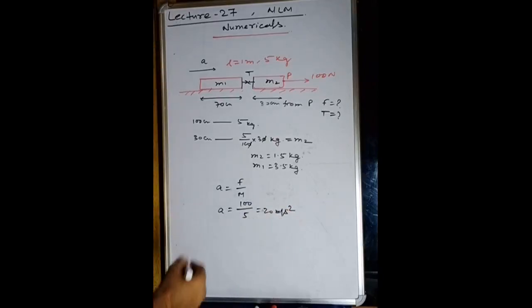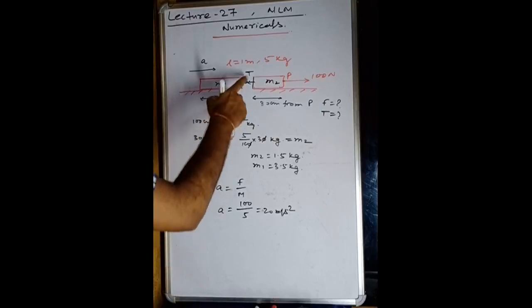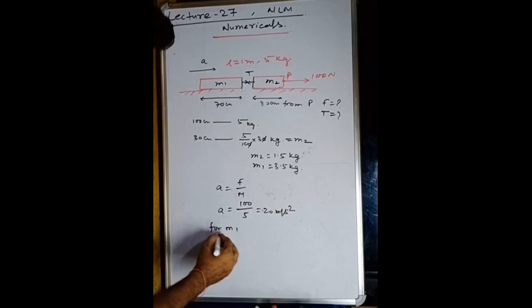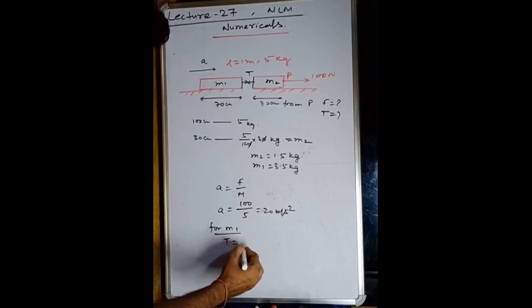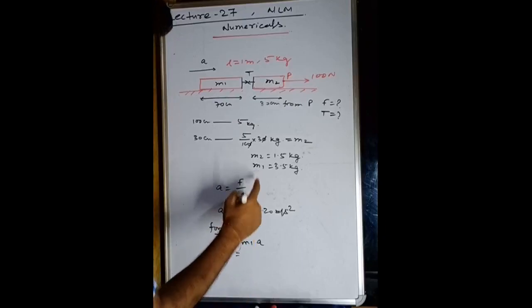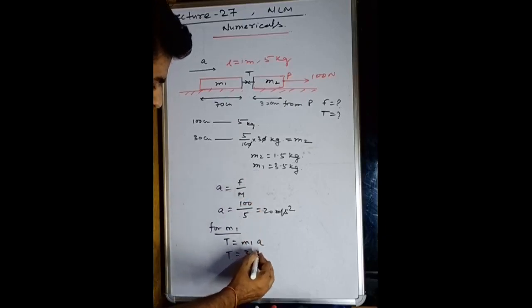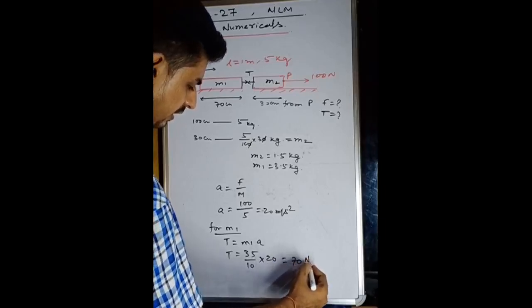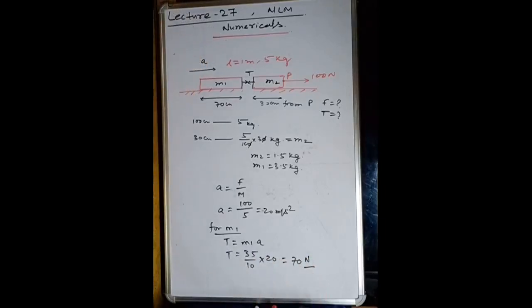Now for M1, only one force is acting. So T equals M1 a. The tension will be M1, which is 3.5, that is 35 by 10, into acceleration 20. So 70 Newton will act at 30 centimeter from point P.